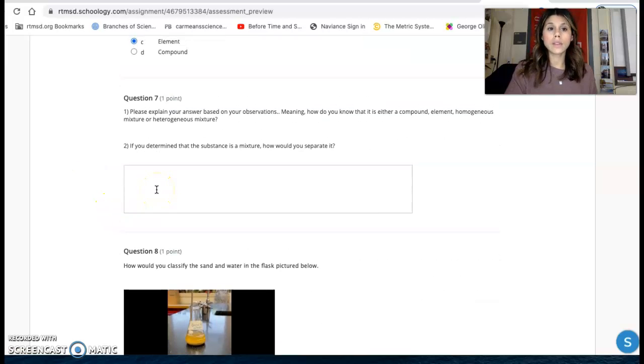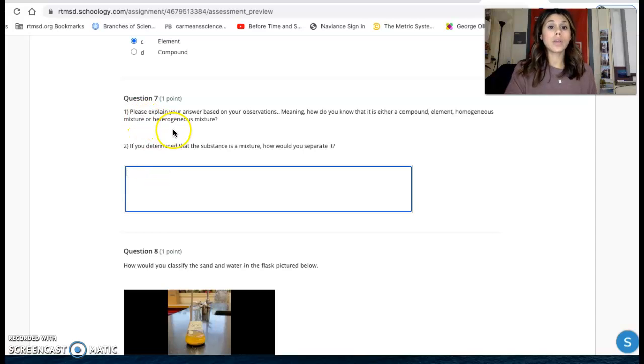And then the last part relating to the aluminum foil example is to please explain your answers based on your observations. What that means is, how do you know what it is? Why did you say that it's an element? Or why did you say that it's a compound? And so for this one, we said it's an element, and aluminum is classified as an element because it is found on the periodic table.